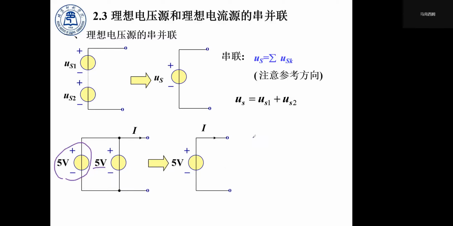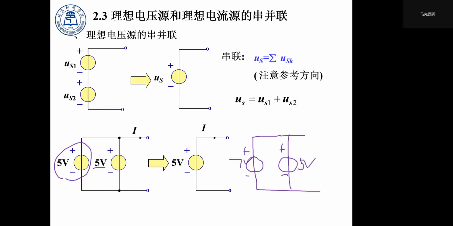But if you have a voltage source like this, for example, we have a 7-volt ideal voltage source, and it's connected in parallel with a 5-volt voltage source.